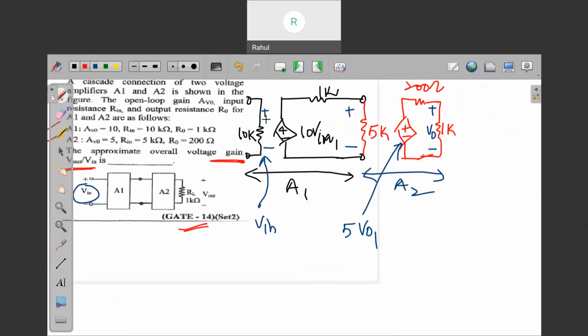If any input is applied across a resistance, that resistance has no importance now. So directly you can jump here and find Vo1. What is Vo1? By the voltage division rule, this question is very easy.